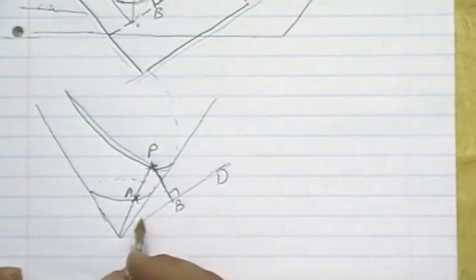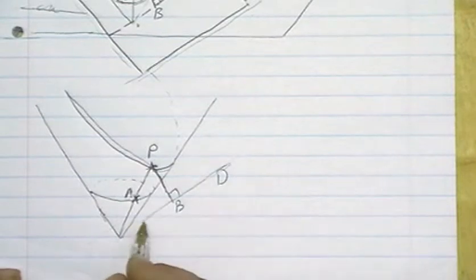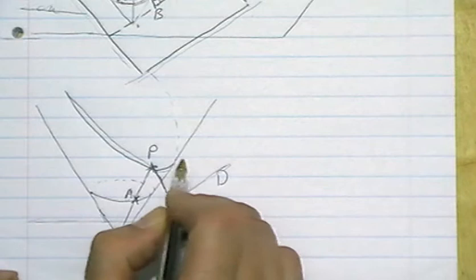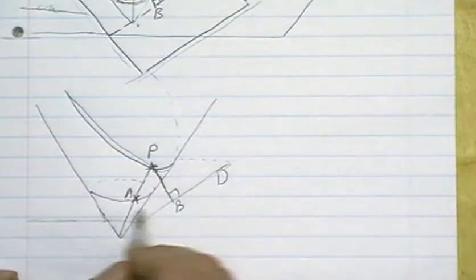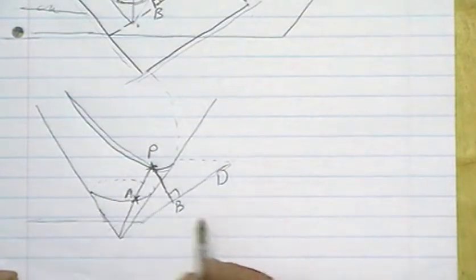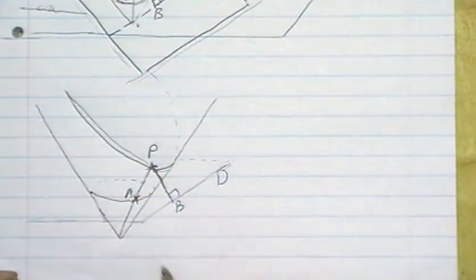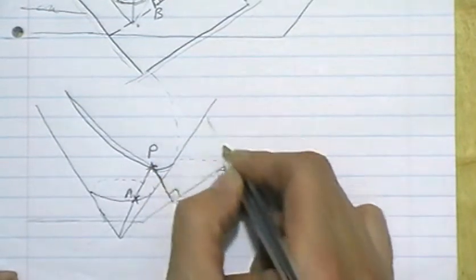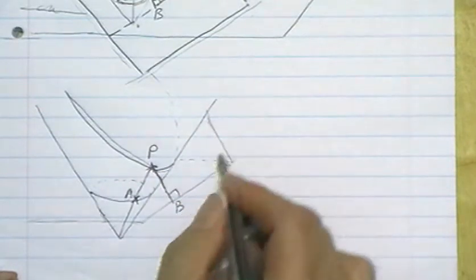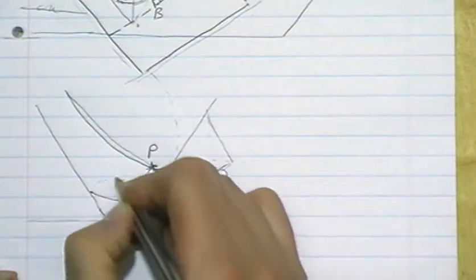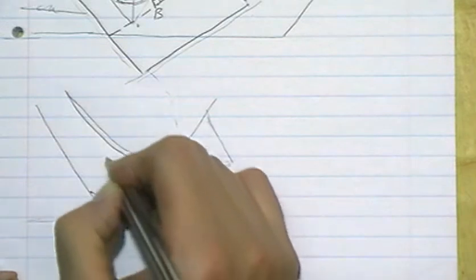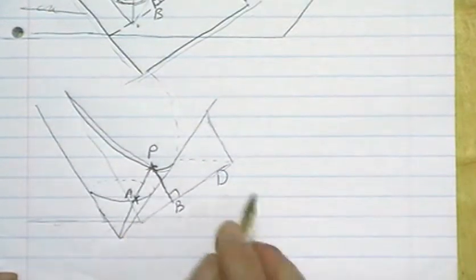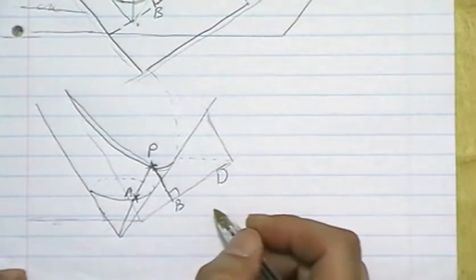So I have a plane that is horizontal containing the circle A, and another plane that goes this way containing the conic section.